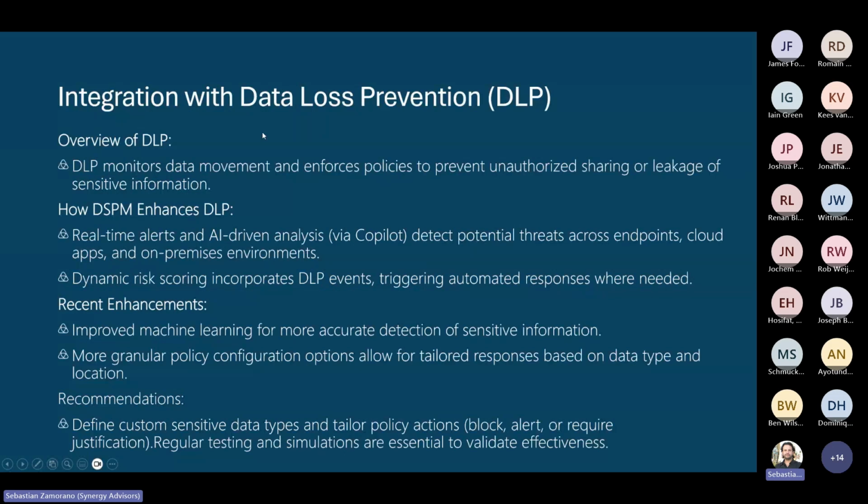Related to data loss prevention, this is very important. Endpoint DLP is one of the biggest players here, because endpoint DLP is the one that gives us the insight related to other AIs.